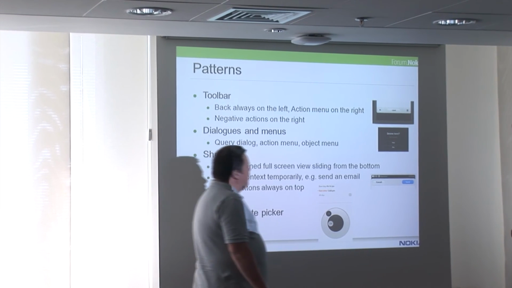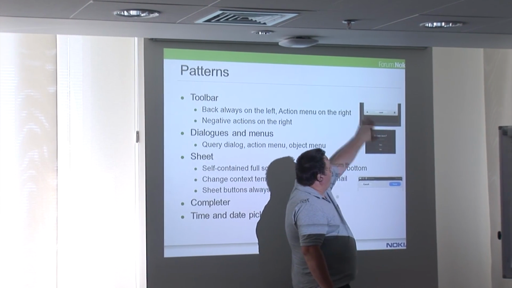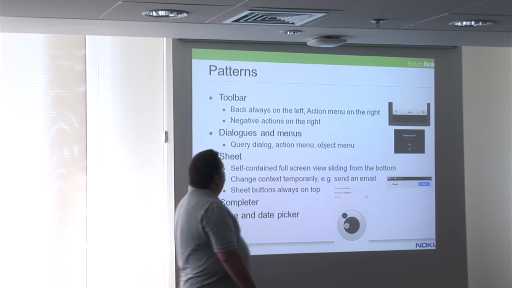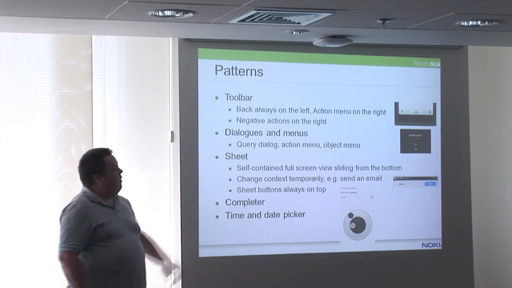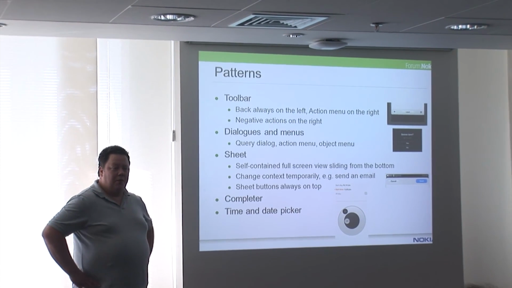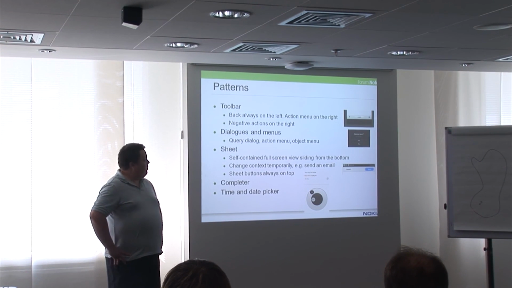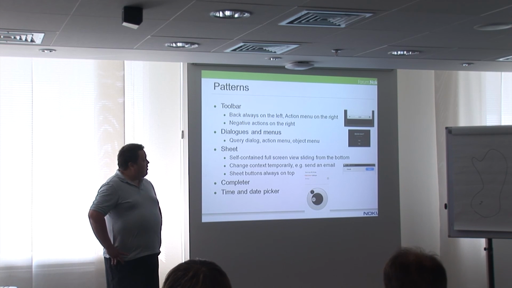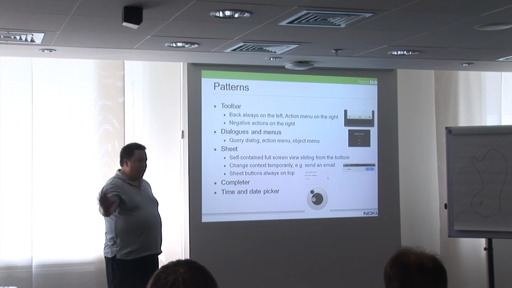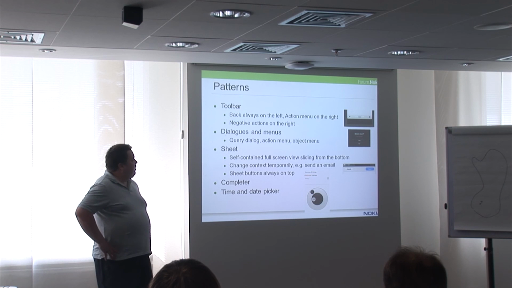Toolbar, we have discussed toolbar buttons already. If you have a back button, that should be always on the left. Of course, if you are in the root page, there is not any parent, then you don't have a back button. Action menu should be on the right. So always the user knows that here I can find this, here I can find that, if that functionality exists.